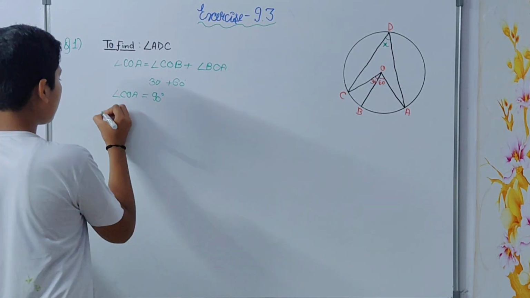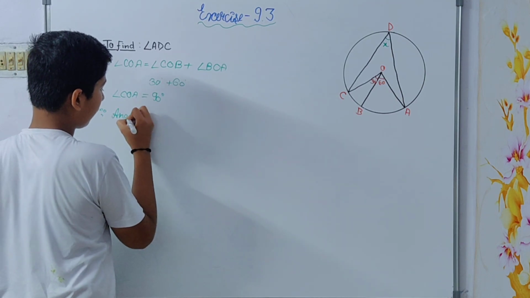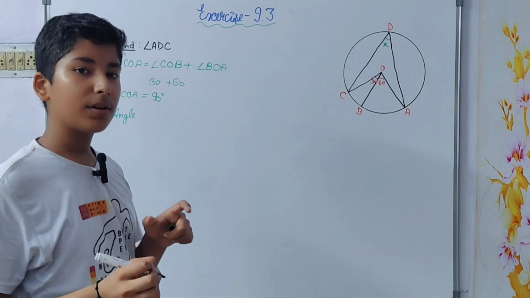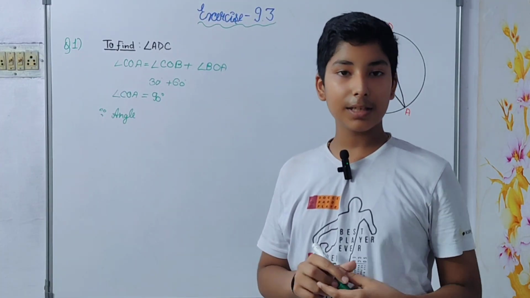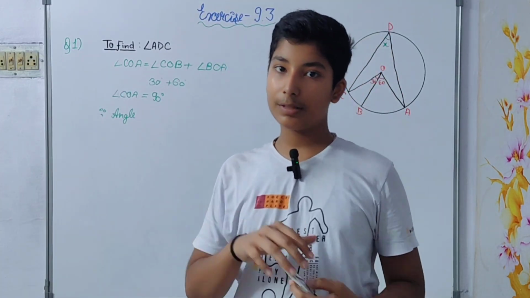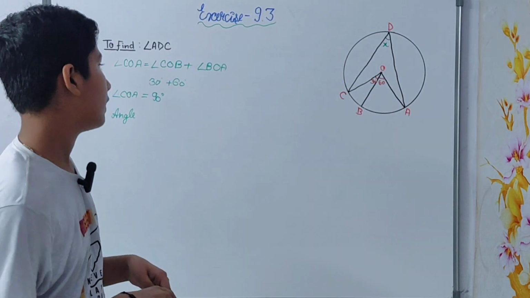Now, as you all know, there is a property that the angle subtended by an arc at the center is double the angle subtended by the same arc at any other part of the circle.